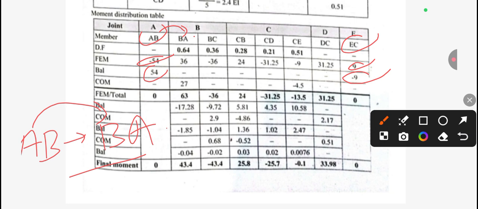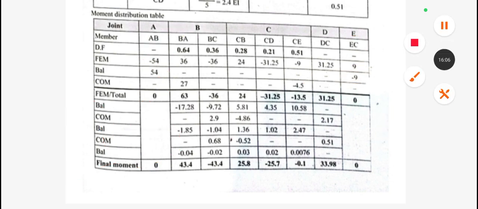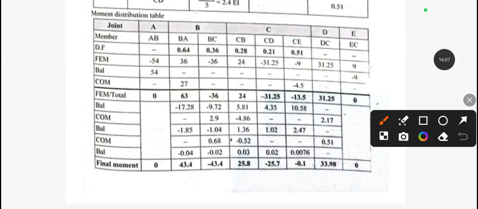And we have this E to C, so we need to transfer half of this C to E over here. By the opposite letter we can easily transfer to the neighbor member. Now we need to add all the values. After this we add the respective columns, like this. So our fixed moment will be this.